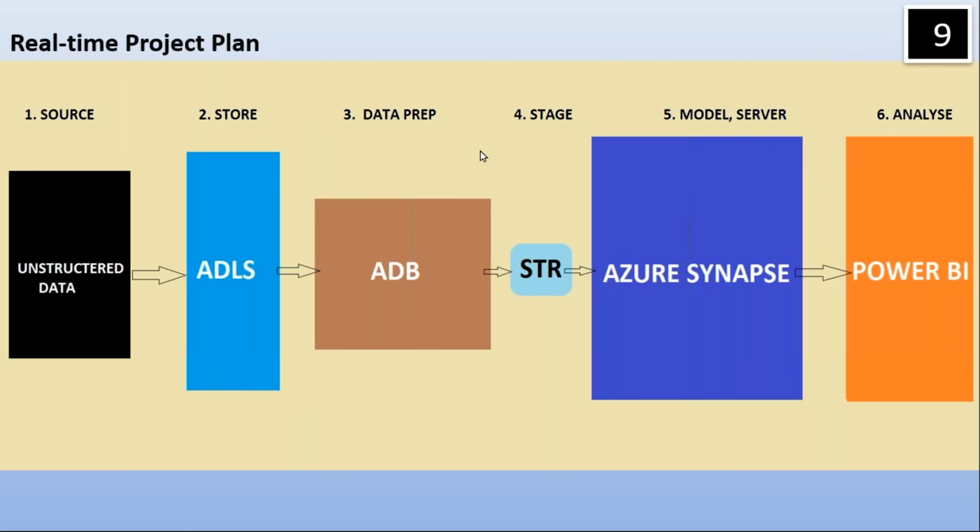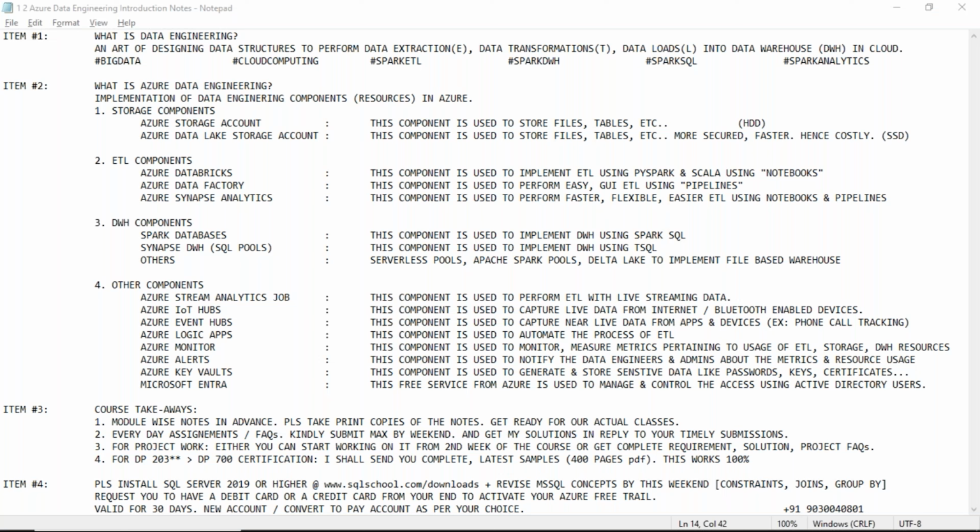With this content, let's recap once again what we are going to learn. A simple, straightforward process in our classes from tomorrow, on my screen. We need to master the art of designing data structures to perform ETL: extraction, transformation, loading.